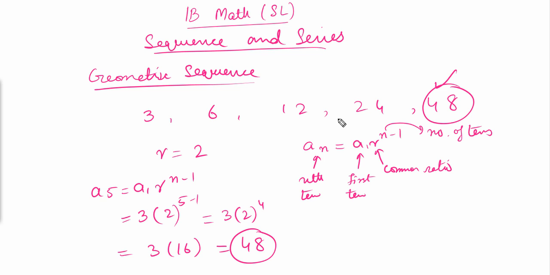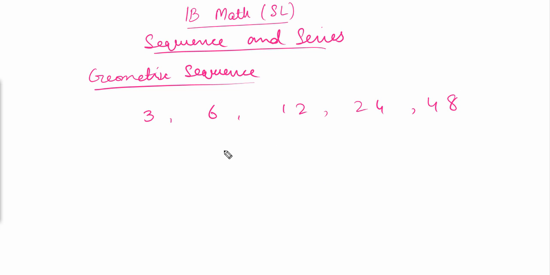Now in order to find out the common ratio if we do not have the consecutive numbers, I'll just show you the formula. Alright, so here we have the geometric sequence, and let's suppose we do not have this term, this term, and this term.